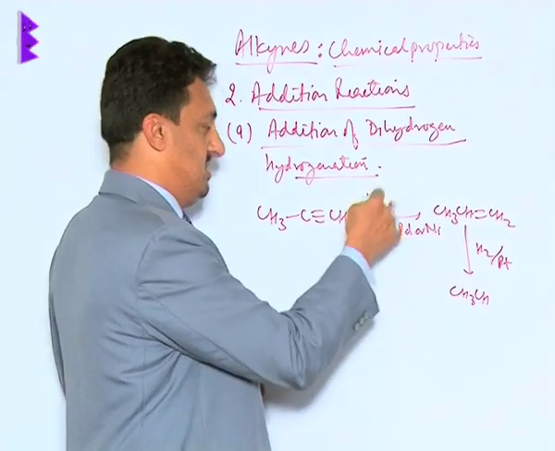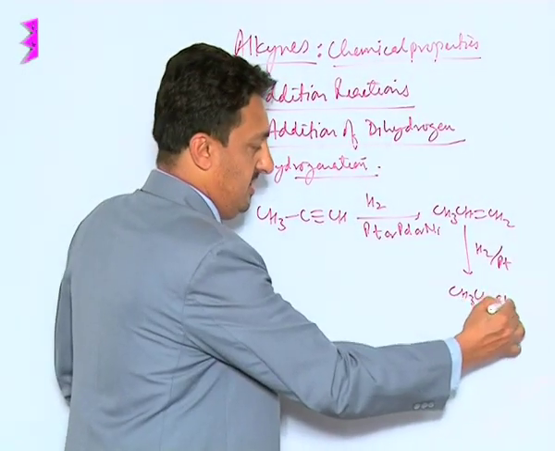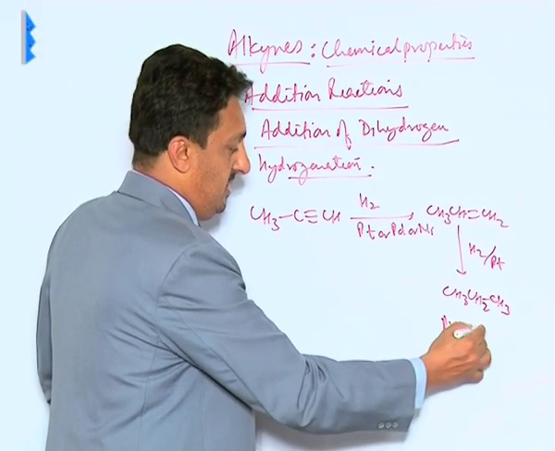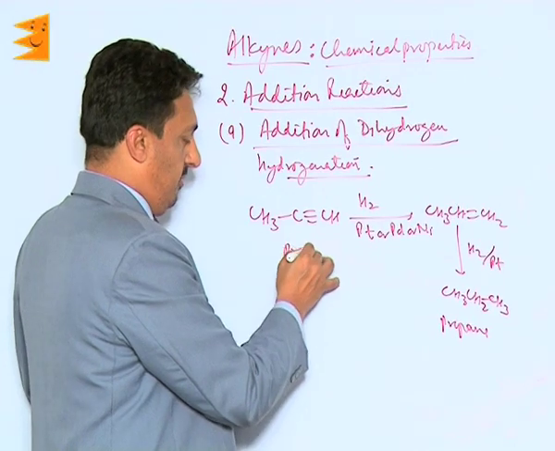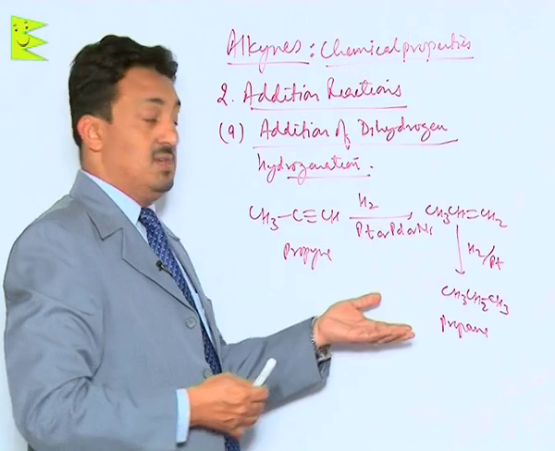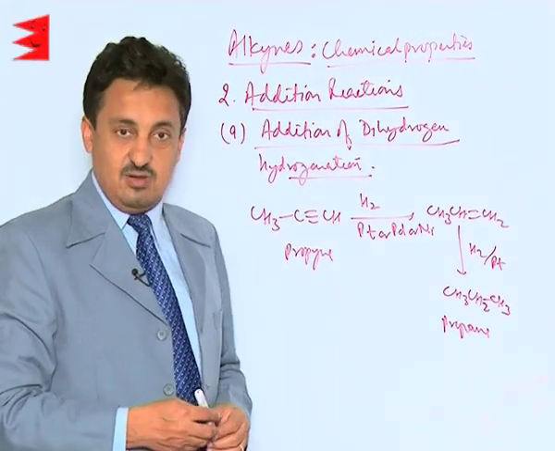Or if we leave this system with these catalysts, the product obtained is alkane. So ultimately propane is obtained from propyne, and this addition of 2 molecules of hydrogen to the alkyne is called hydrogenation, and we get alkanes out of it.